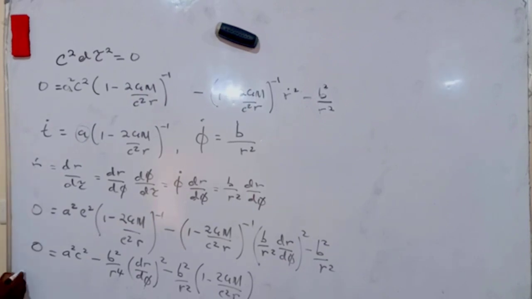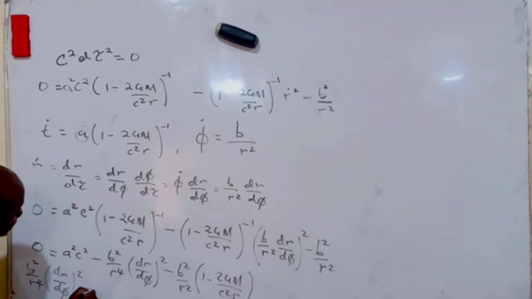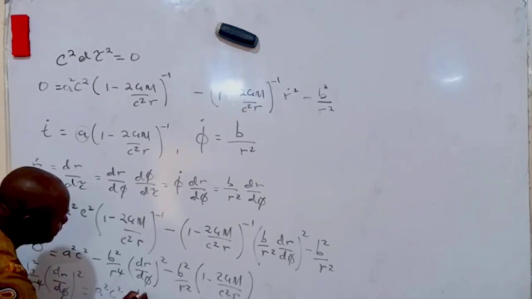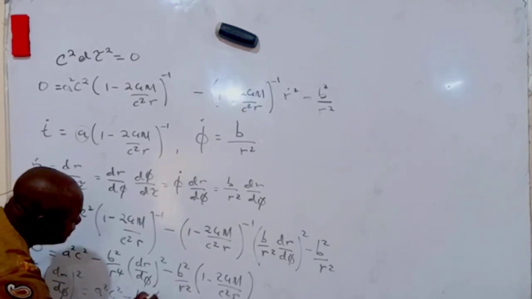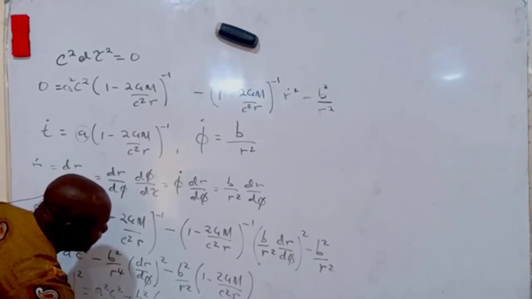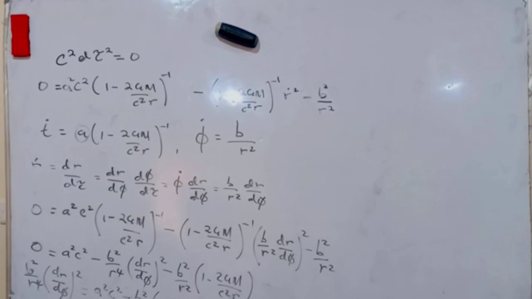If I do that, I'll have b squared over r to the power 4 dr by d phi, all of that squared, equal to a squared c squared minus b squared over r squared into 1 minus 2gm over c squared r. So I'm going to have that.